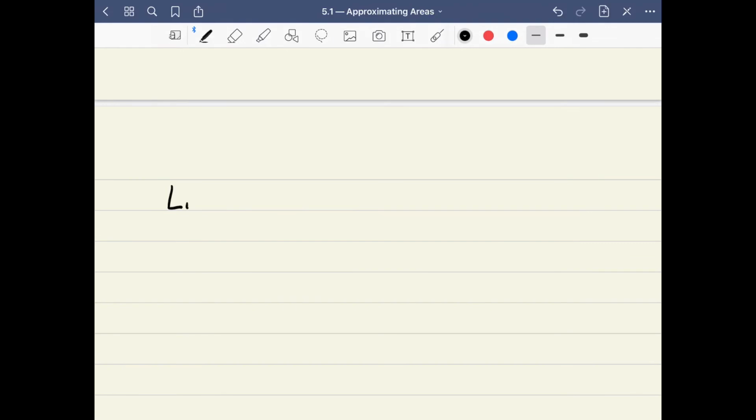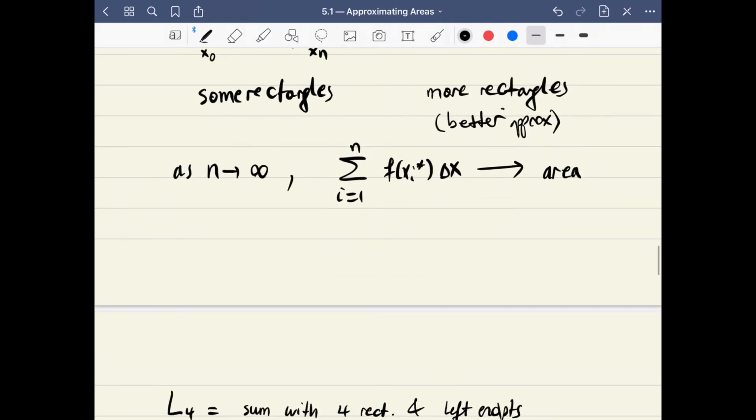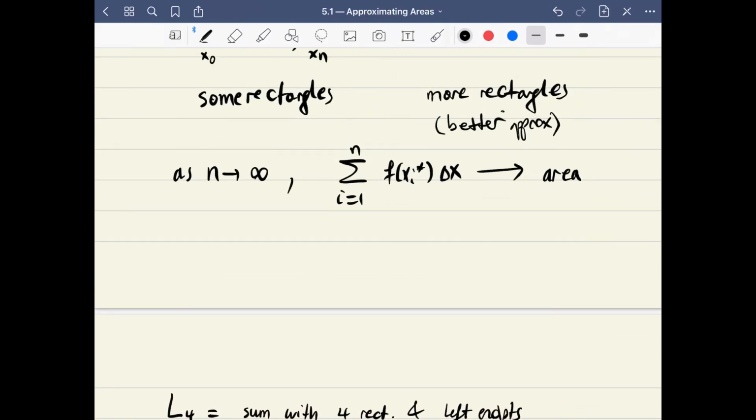So remember, L4 is the sum with 4 rectangles and left endpoints, and R4 was the sum with 4 rectangles and right endpoints.